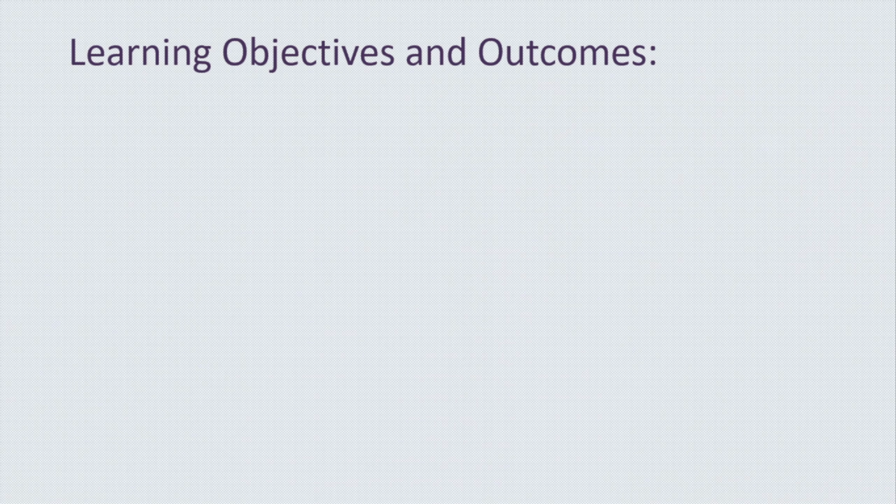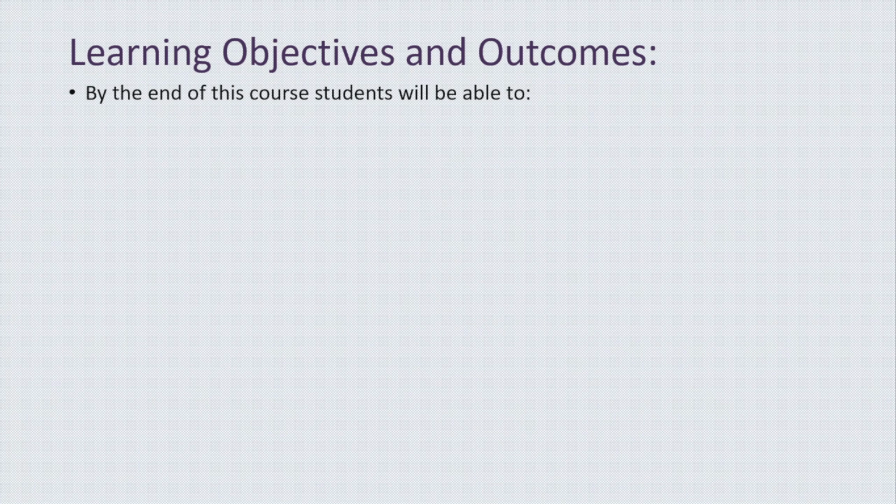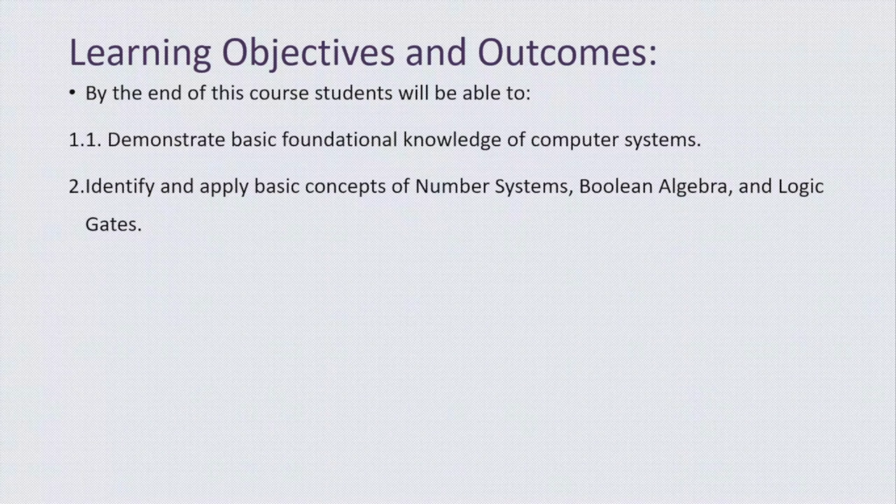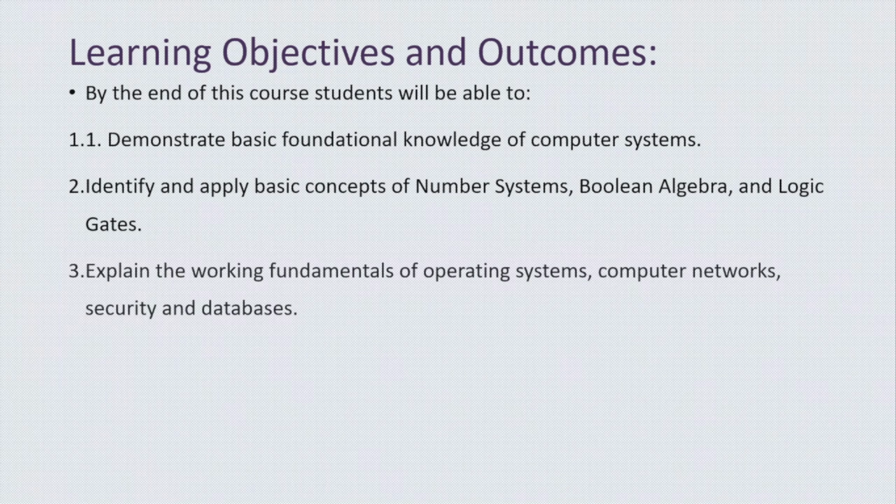Let's look at our learning objectives. By the end of this course, as a student, you will be able to: one, demonstrate the basic foundational knowledge of computer systems. Two, identify and apply basic concepts of number systems, Boolean algebra, and logic gates. Three, explain the working fundamentals of operating systems, computer networks, security, and databases.